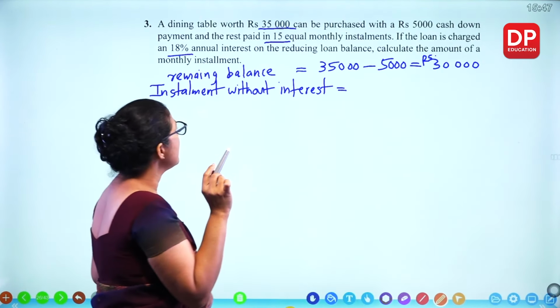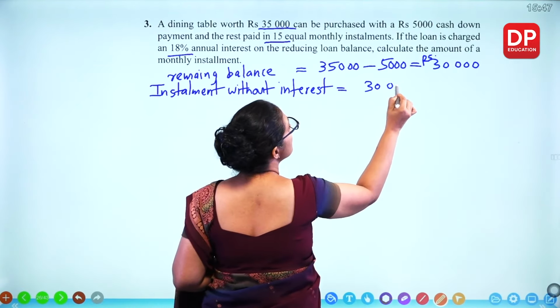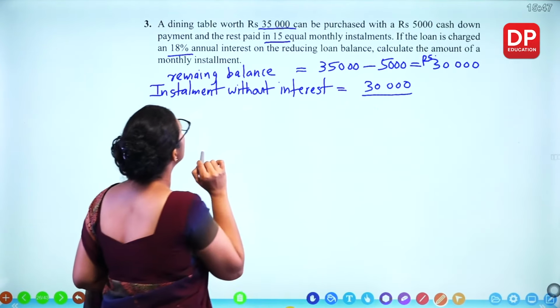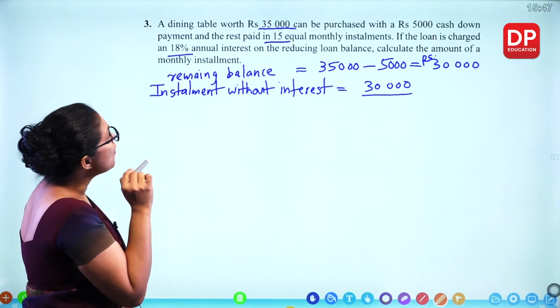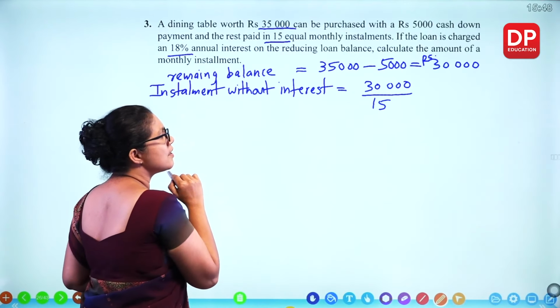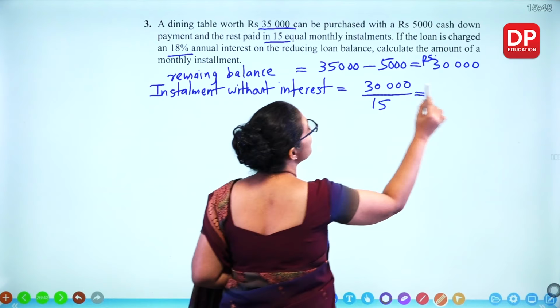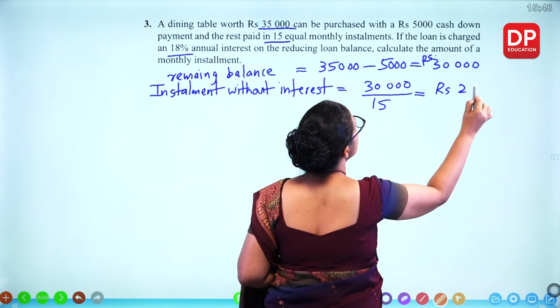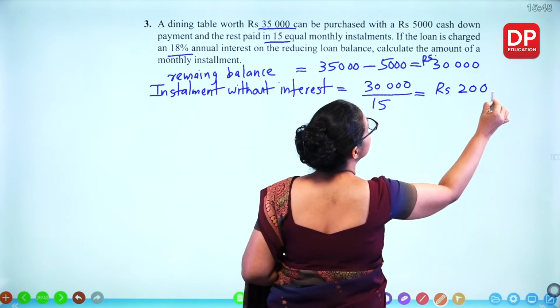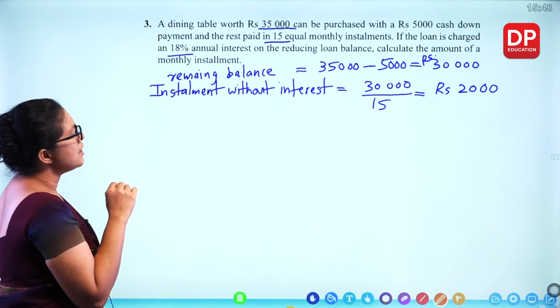Now we can calculate the installment without interest. So 30,000 rupees for 15 equal parts. 15 months. So divide by 15. So monthly 2000 rupees. That's the installment without interest.